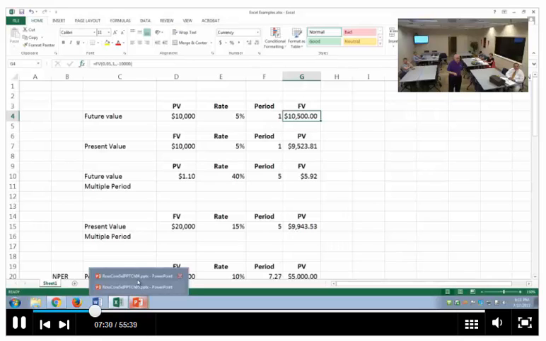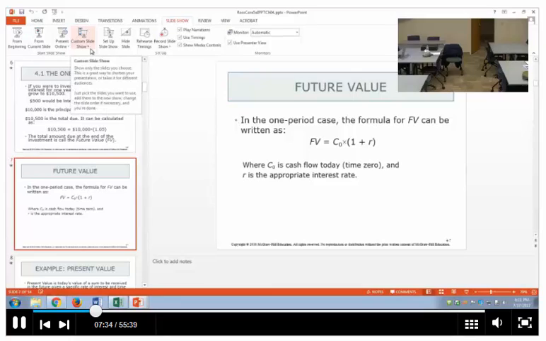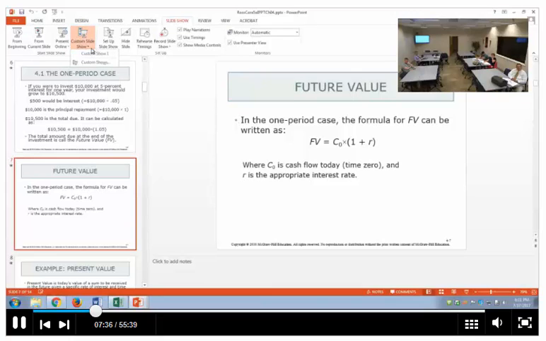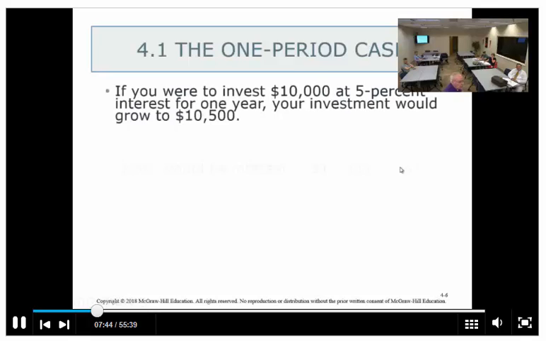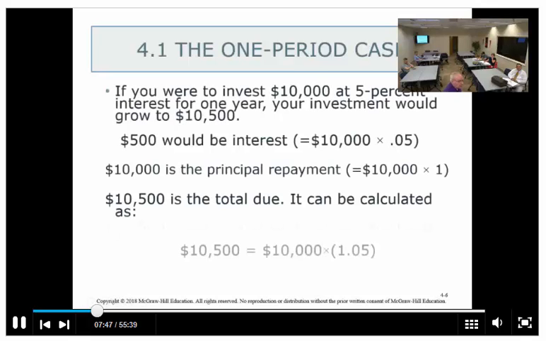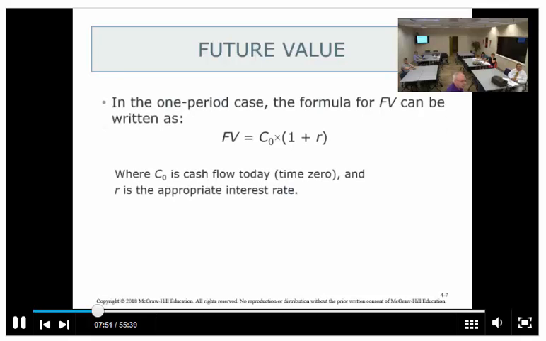this idea that we're all familiar with putting money in the bank and having it grow over time, okay? All right, now, this same formula can also be used to derive present value.